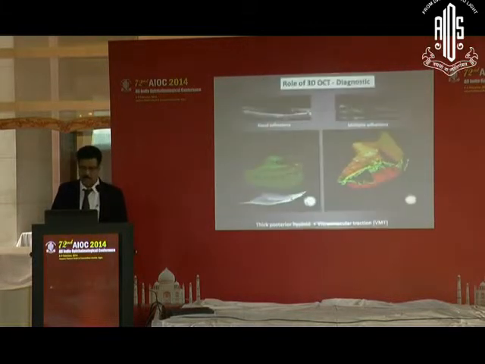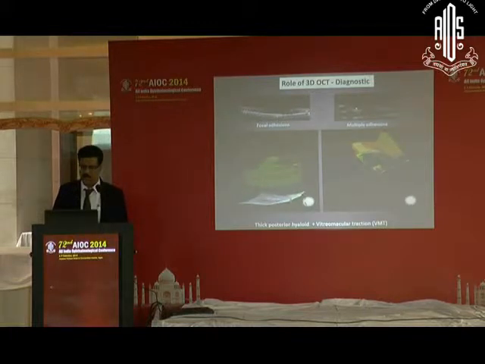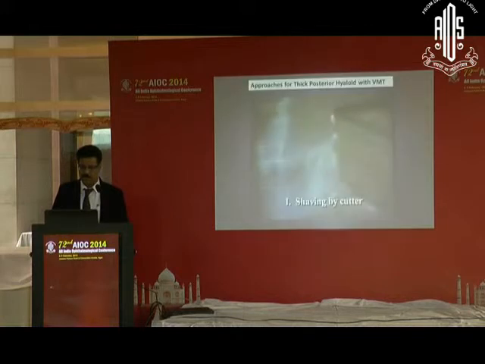And now, what is the role of 3D OCT? With 3D OCT, you can see above the two-dimensional OCT and below the 3D OCT, and you can see the focal adhesions. Whether it's a single focal adhesion or multiple focal adhesions, you should be very cautious during surgery. So 3D OCT is how you can determine this.